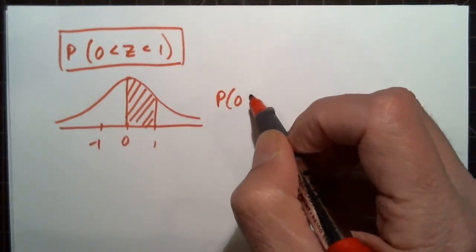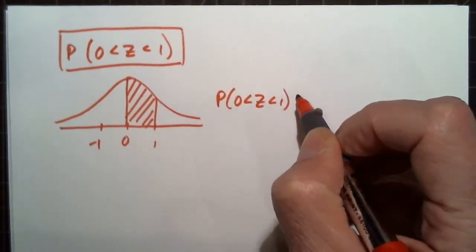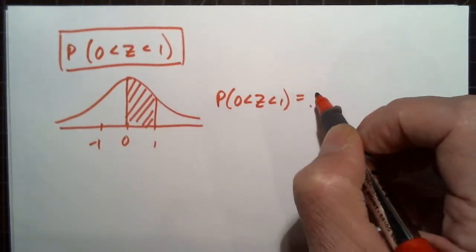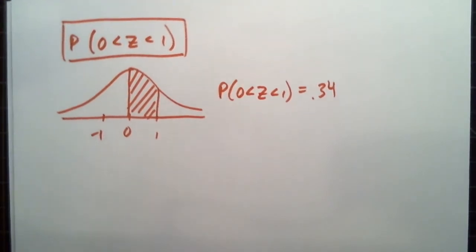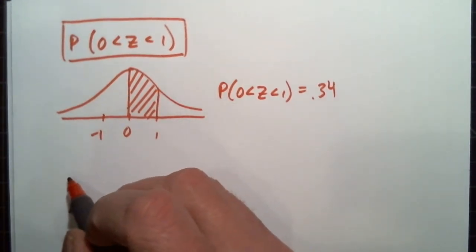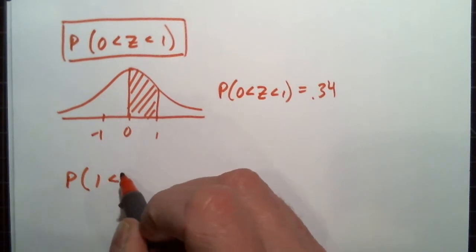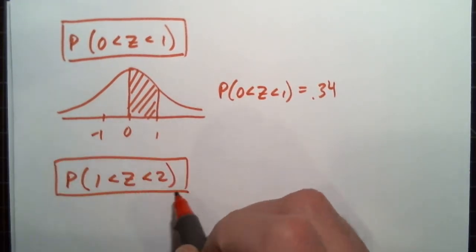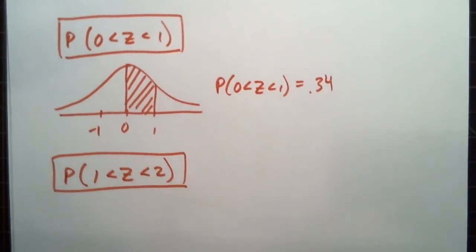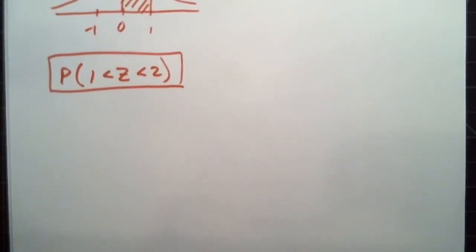So we can say that from 0 to 1 is going to be 0.34.